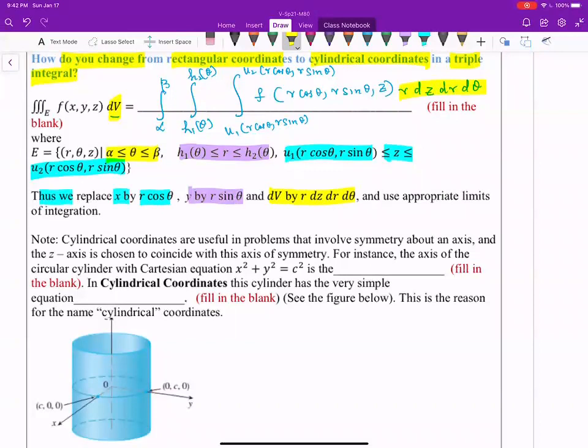Note, cylindrical coordinates are useful in problems that involve symmetry about an axis, and the z-axis is chosen to coincide with the axis of symmetry. For instance, the axis of the circular cylinder with Cartesian equation x squared plus y squared equal to c squared.